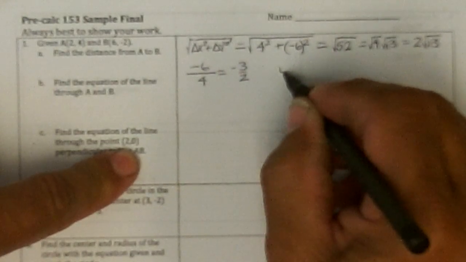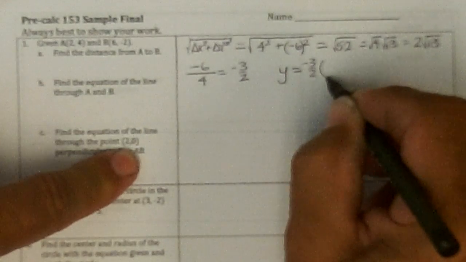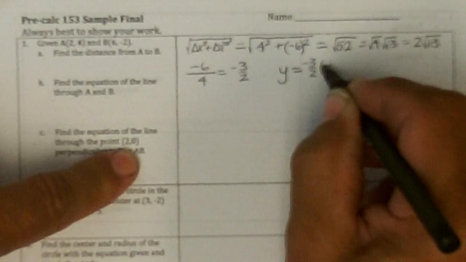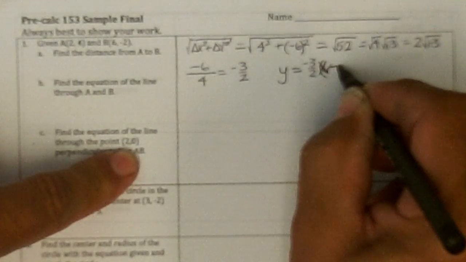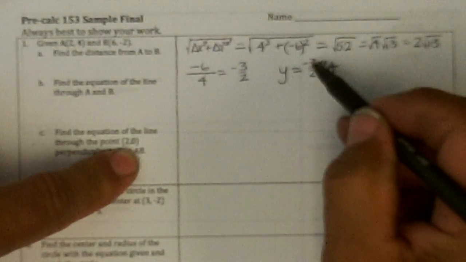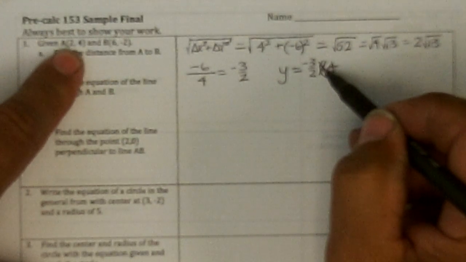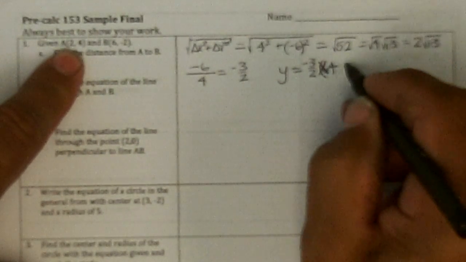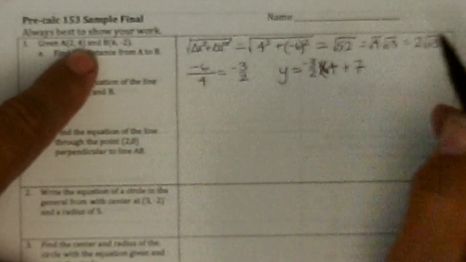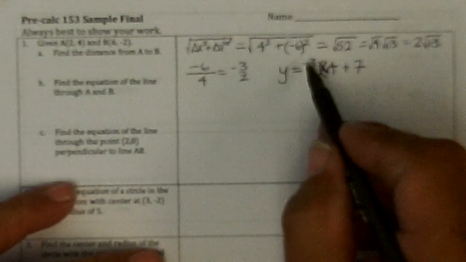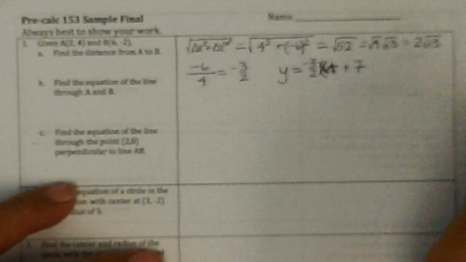So if we do the slope intercept, that's going to be y equals negative 3 halves times x plus the y-intercept. If we take negative 3 halves times 2, we get negative 3, and we'd have to add 7 to make it equal 4, because that's what the y was supposed to be. So we get negative 3 halves x plus 7.